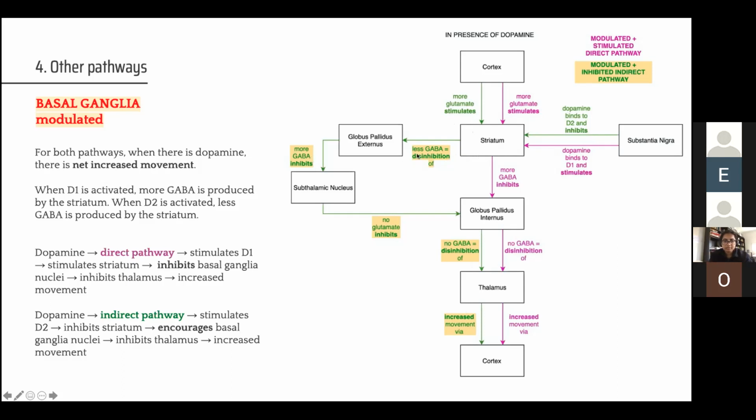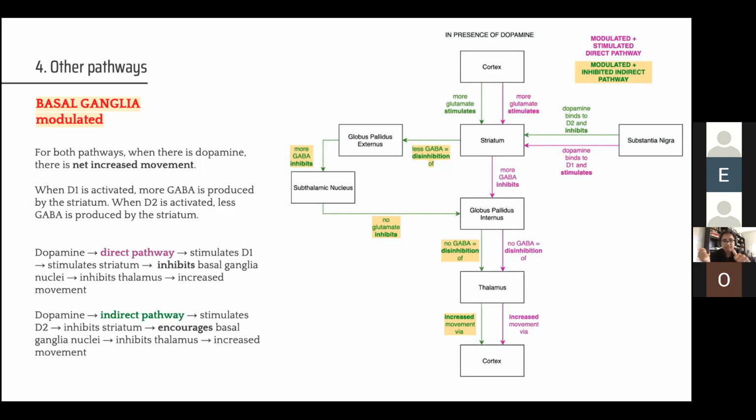Instead of there being more GABA, there's less GABA, etc. And because we've switched what the indirect pathway does, it now increases movement by the cortex rather than decreases movement. So in general, if you add dopamine to your indirect and direct pathways, you'll end up with more movement.